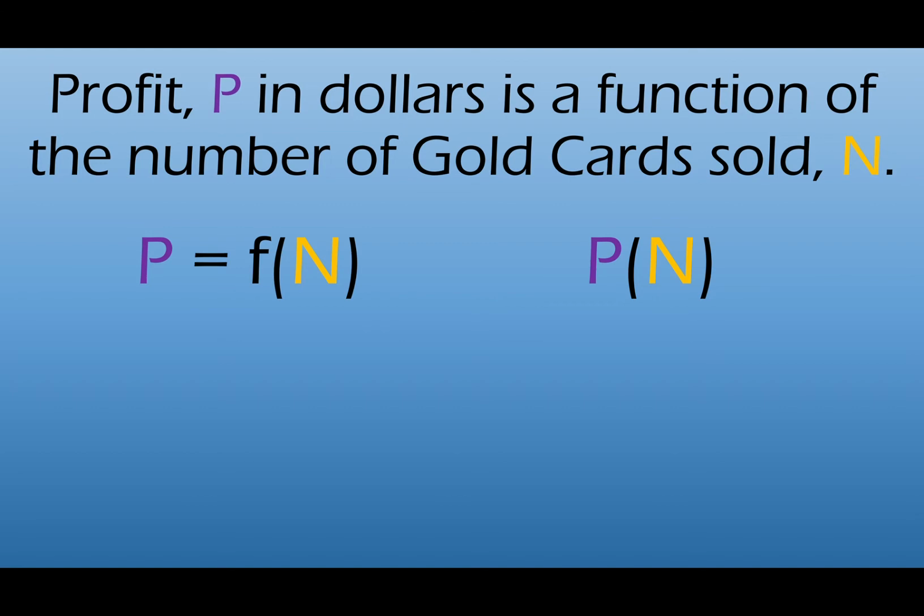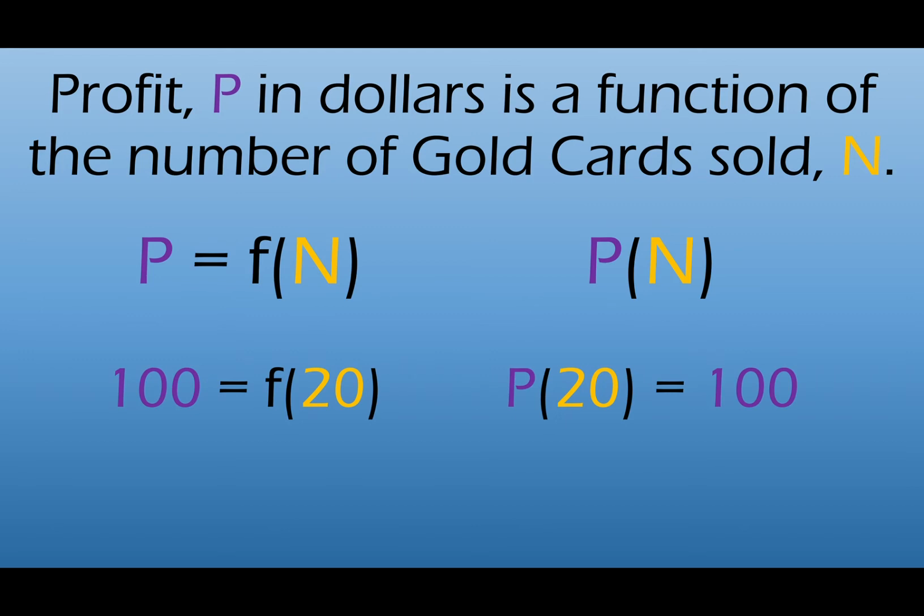So taking a look at a specific numerical example, 100 equals f of 20. The 20 is on the inside, that's going to be a number of gold cards. So 20 gold cards sold, the 100 is on the outside, that's a profit. So $100 profit for selling 20 gold cards. It's going to look like P of 20 equals 100 using the other notation.